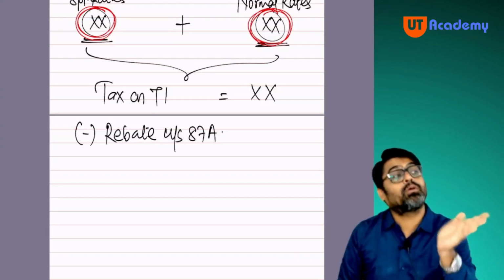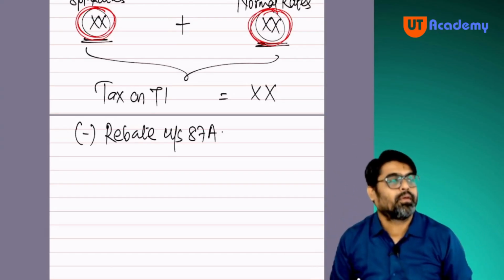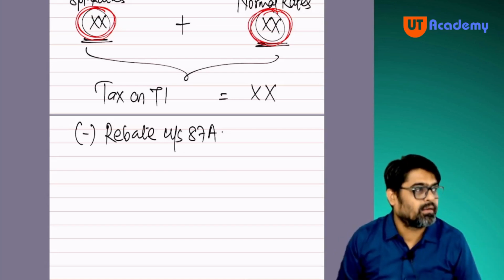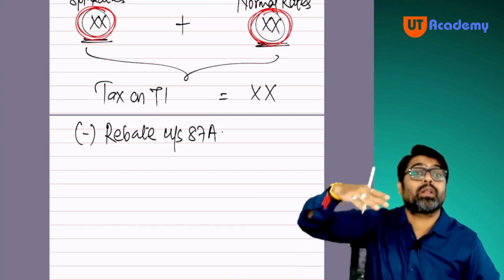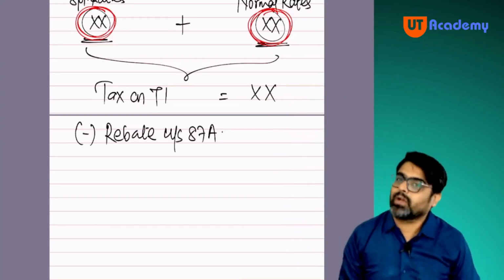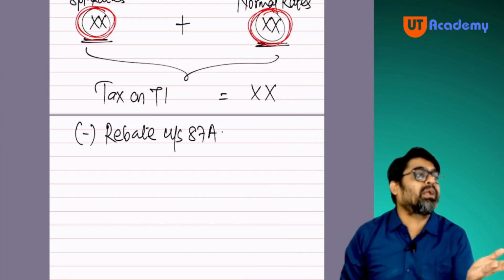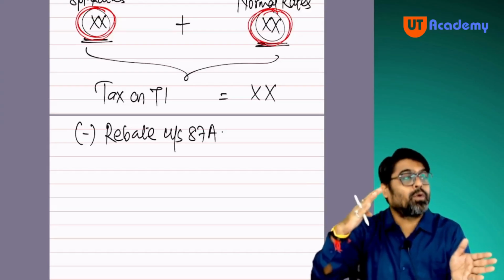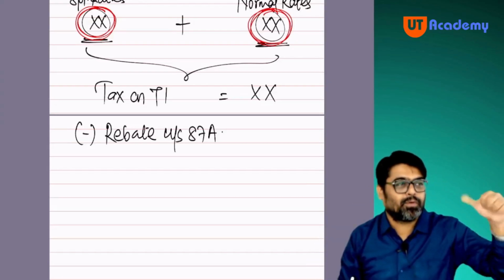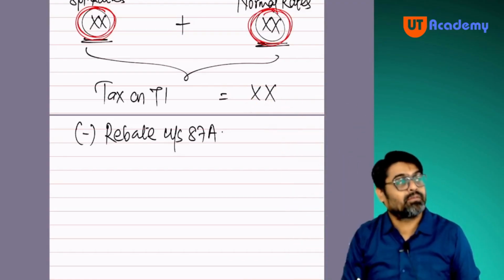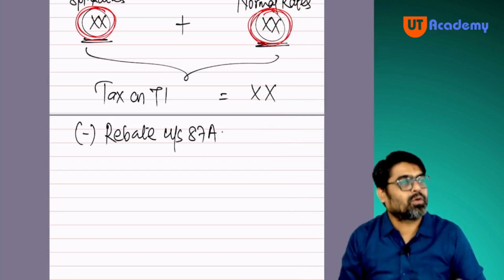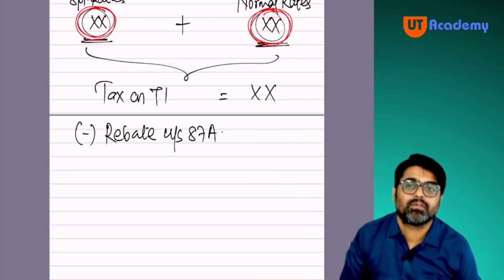What if your total income is more than 5 lakhs? Will you get any rebate? Surcharge can be applicable, but that applies only if your total income is more than 50 lakhs. So can I say, if your total income is between 5 lakh and 50 lakhs, no surcharge, no rebate. Total income more than 50 lakhs, surcharge. Total income less than 5 lakhs, rebate.